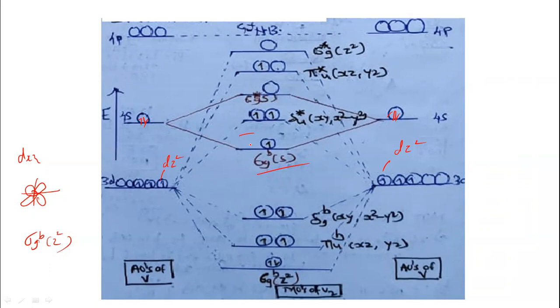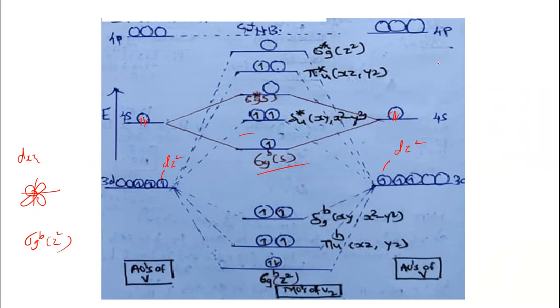Now in the vanadium molecule, only one paired electron pair is present here and all the other electrons are unpaired. Therefore we can calculate the bond order here. How many bonding electrons are there? 2 plus 2 is 4, plus 2 is 6, and this plus 1 is 7.